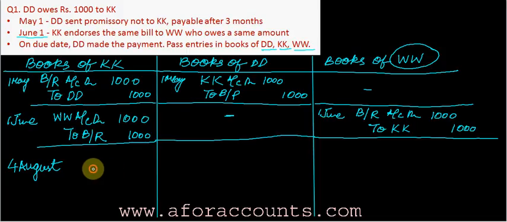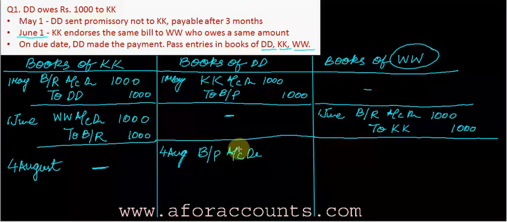No entry in the books of KK because he has already given it to WW. In the books of DD, who is making the payment on 4th August, bills payable. Now he is finishing with his liability to pay. So bills payable account debit. Bills payable has a credit balance.